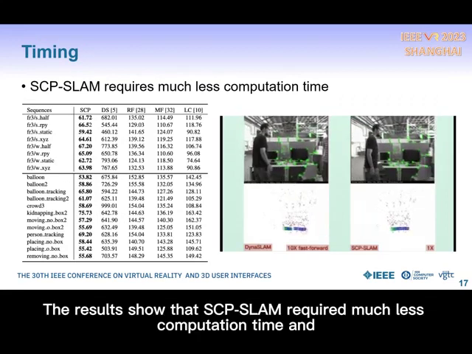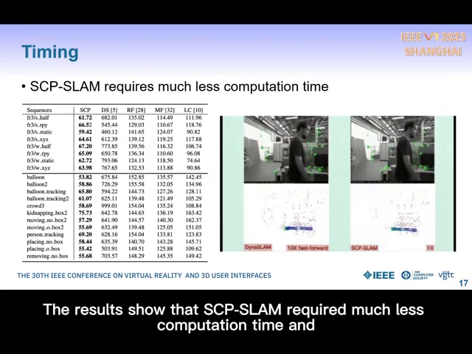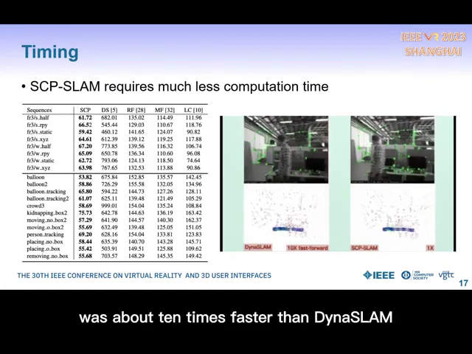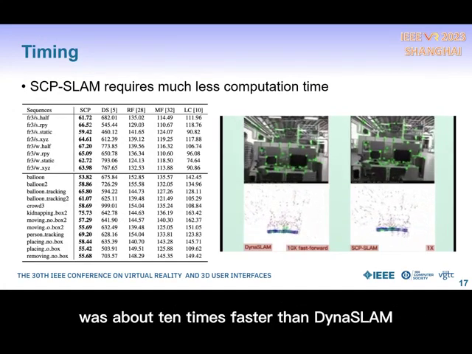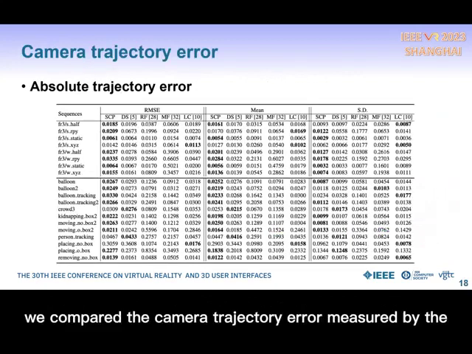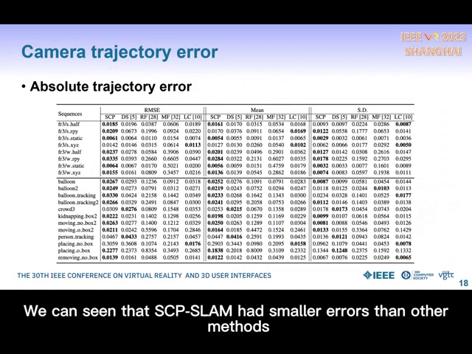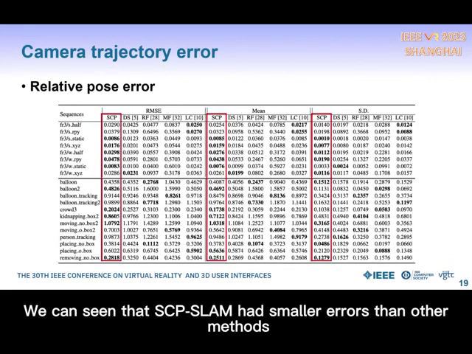The results show that SCP-SLAM required much less computation time and was about 10 times faster than DynaSLAM. Then we compare the camera trajectory error measured by the absolute trajectory error and the relative pose error. We can see that SCP-SLAM had smaller errors than other methods.